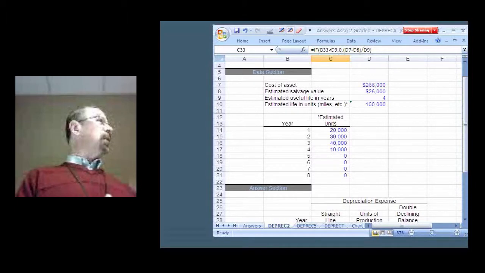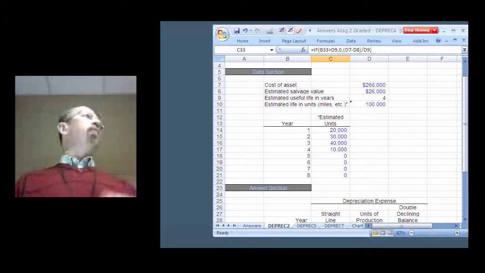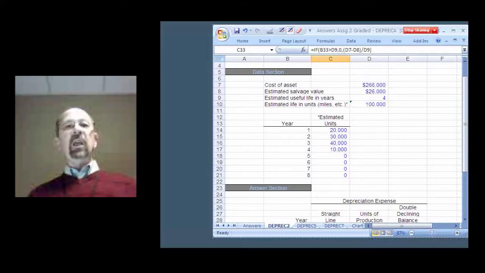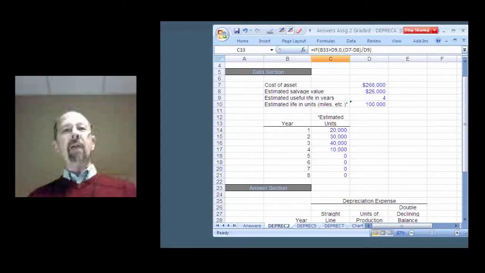What it's saying is if the current year is over the 4th year and we're only depreciating it over 4 years, it will be 0. If it isn't greater than, so with an if statement you have a comma and it's saying if this is true, put down 0. If it is not true, then calculate these numbers.